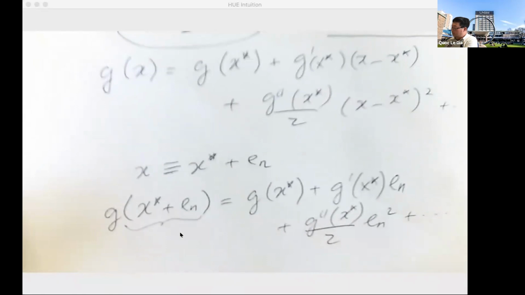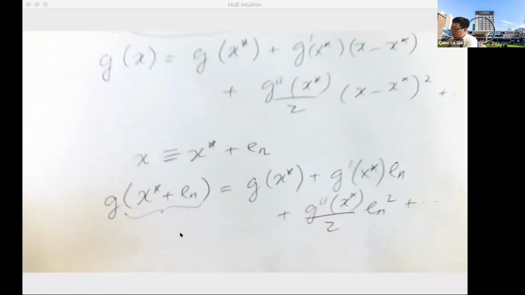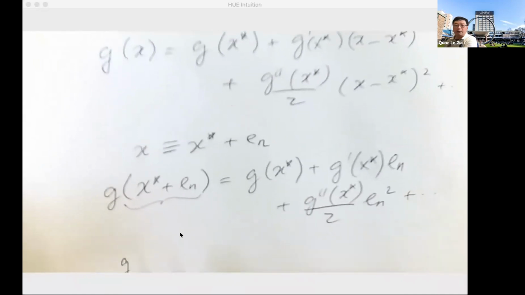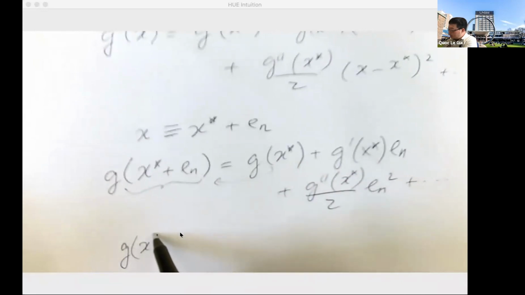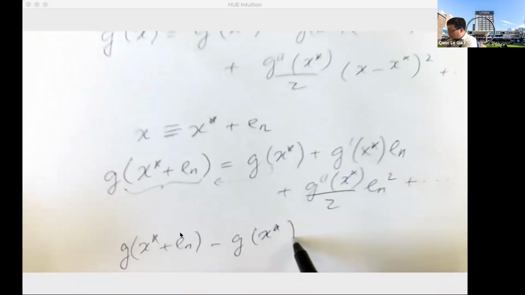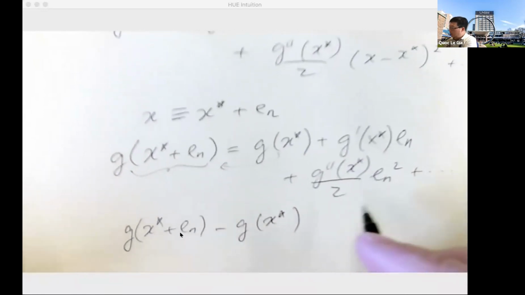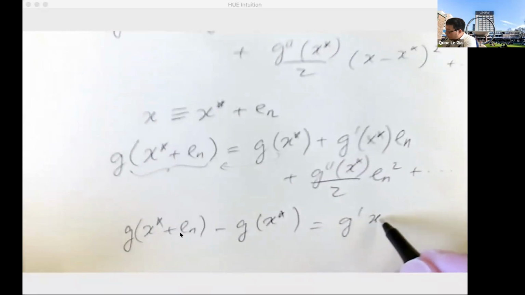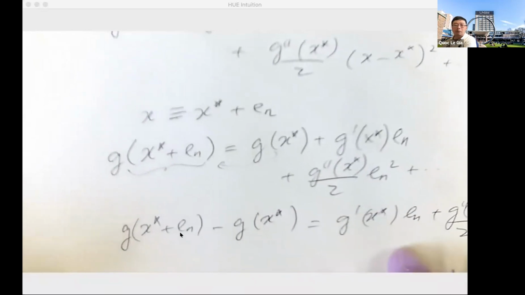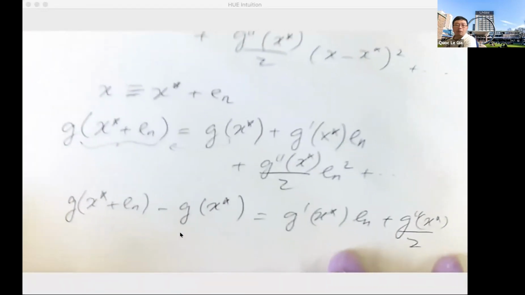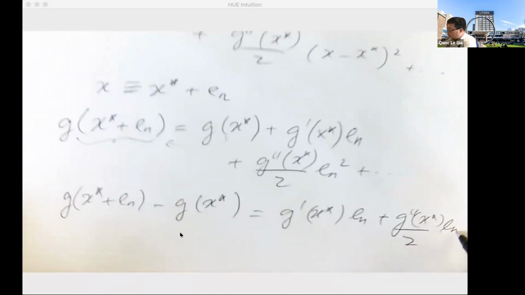Maybe one more thing: let me move this one to the left. So I have g(x star plus en) minus g(x star) equals g prime(x star) en plus g double prime(x star) over 2 times en squared.